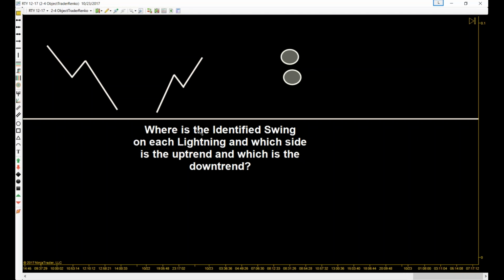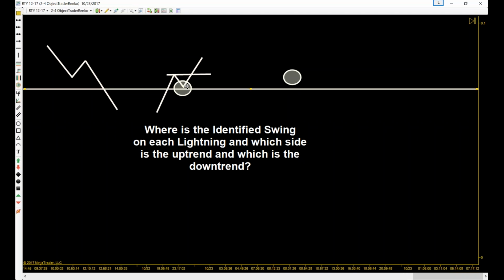Now if you're in an uptrend and you have a low and you have a high and you have another low, you don't know that this is the identified swing, obviously, until it takes that out. So wouldn't that be our identified swing right here? See there? Because we have a high, we have a low, we have a higher high. So that's your identified swing right there exactly on this particular side.